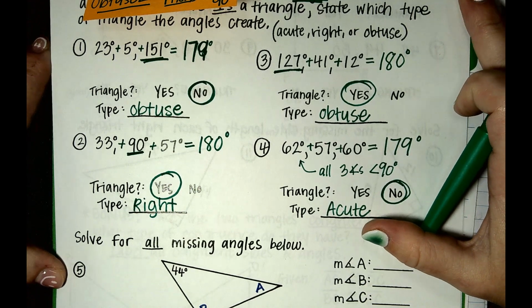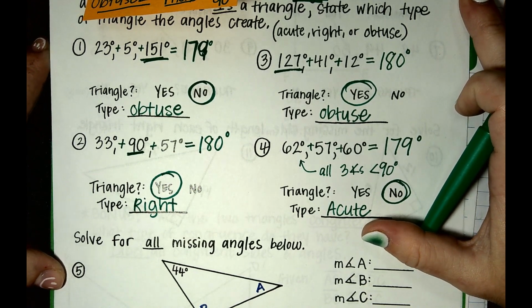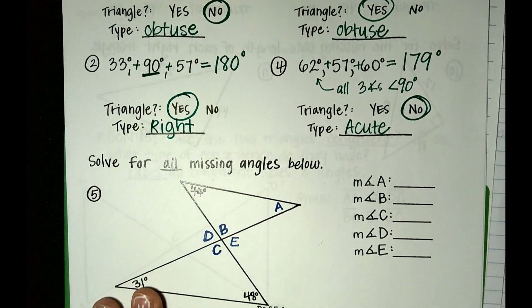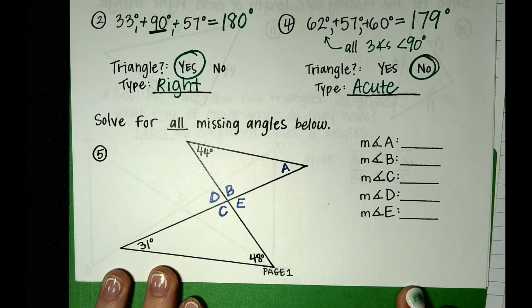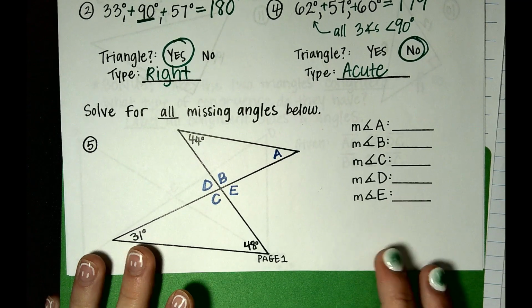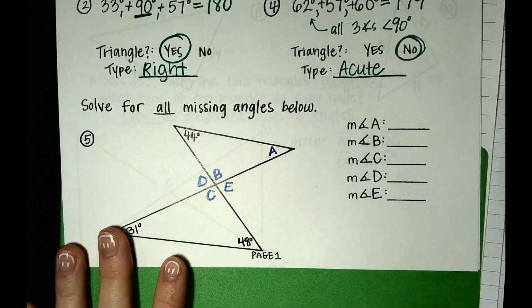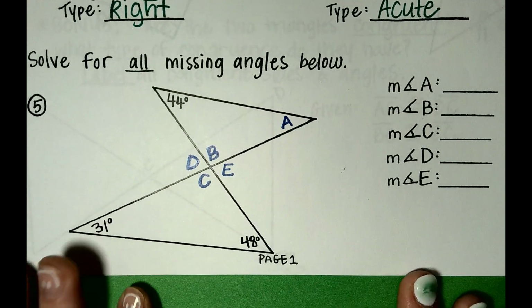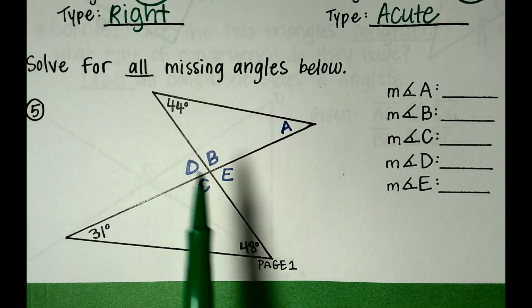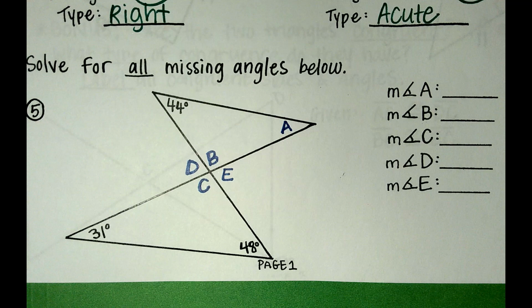Any questions at all? Okay, let's look at number 5. This one looks scary, but it's really not, I promise. It's actually going to be an easy one for you, and I'll tell you why. We're going to use the information that we know about triangles.